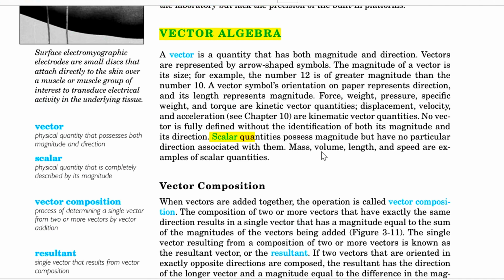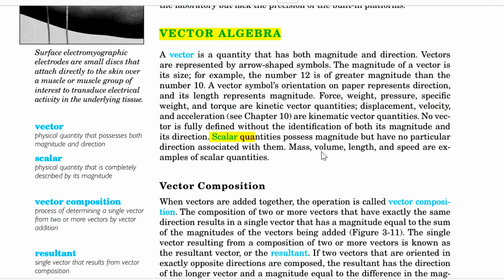But as a biomechanist, as a physical therapist, you need to understand the direction of the force as well, right? In which direction you're applying the force. For that you have to understand the concept of vector, because a vector is not complete without its direction.